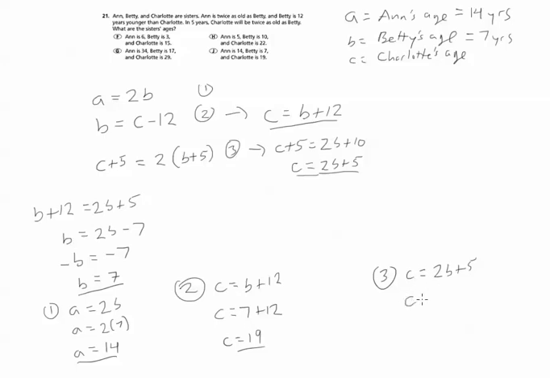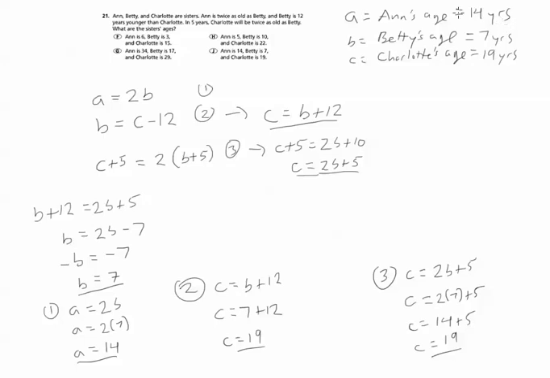Let's try it over here and make sure we get the same answer. 2 times 7 plus 5, C equals 14 plus 5, C equals 19 again. So I've checked my answer, all of my equations. Charlotte is going to be 19 years old, Betty will be 7 years old, and Anne is 14 years old.